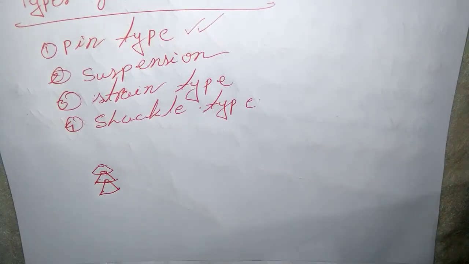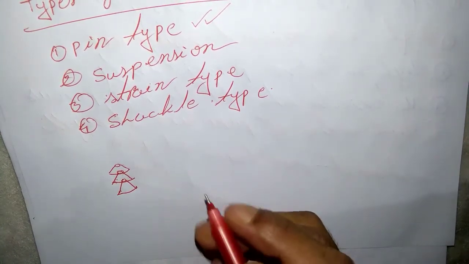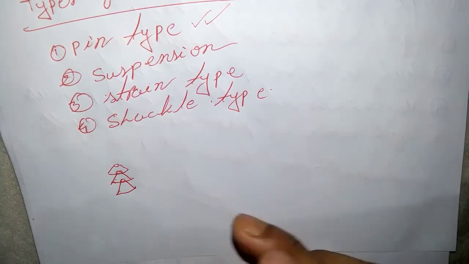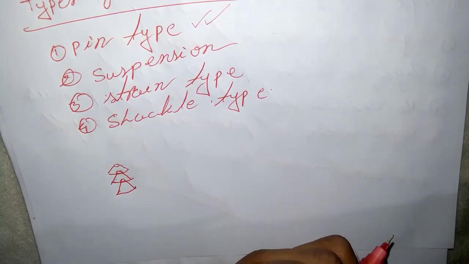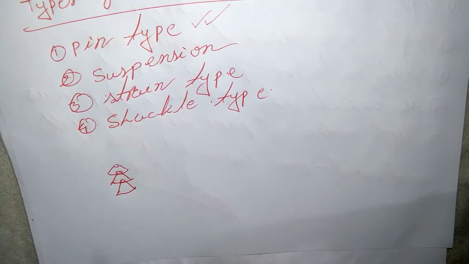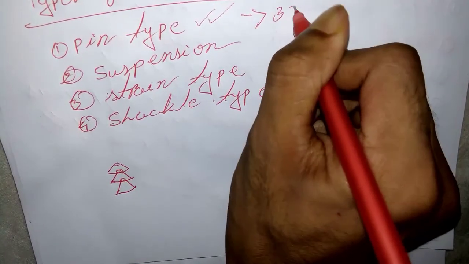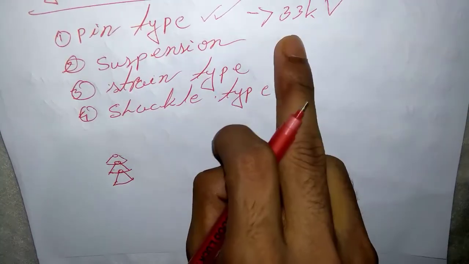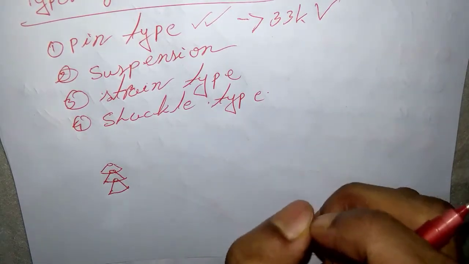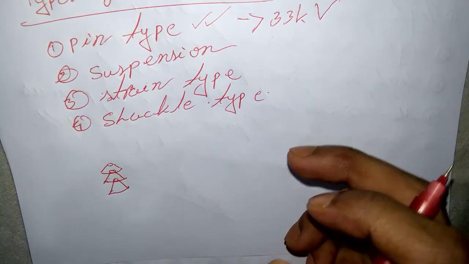There is a groove on the upper end of the insulator for housing the conductor. Pin type insulators are used for transmission and distribution of electric power at voltages up to 33 kV. Beyond 33 kV, pin type insulators become too bulky and hence uneconomical.